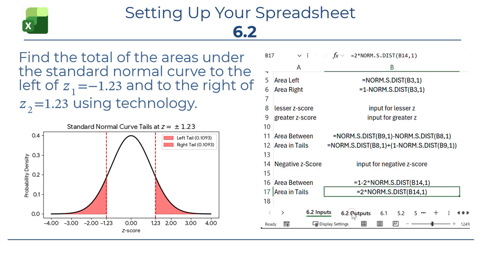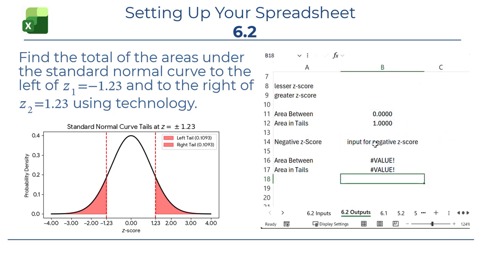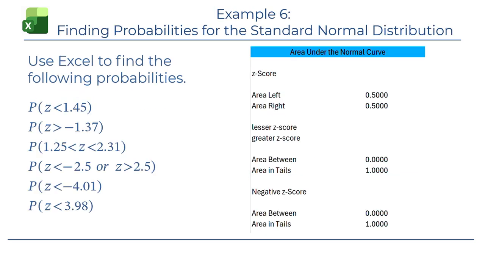So let's use that to find again, the area under the curve to the left of negative 1.23 and to the right of positive 1.23. So I'm going to enter the negative 1.23, and I'm looking for the area in the tails. So that is 0.2187.